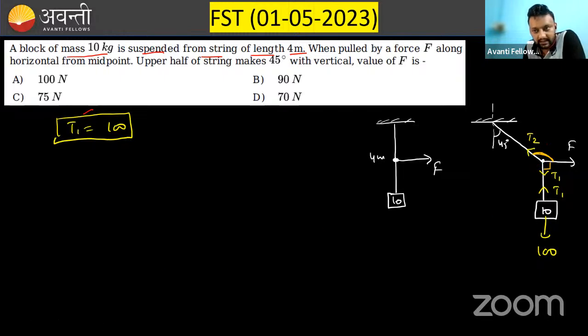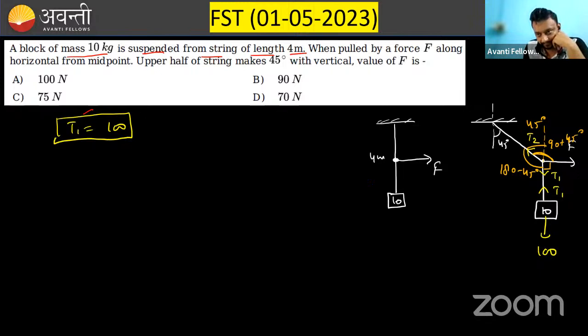This angle will be, this is the vertical line, so this angle will be 90 plus 45. And this angle will be 180 minus 45. Why so? Because this angle is going to be 45. Why 45? Alternate interior angle. So we know the angles.